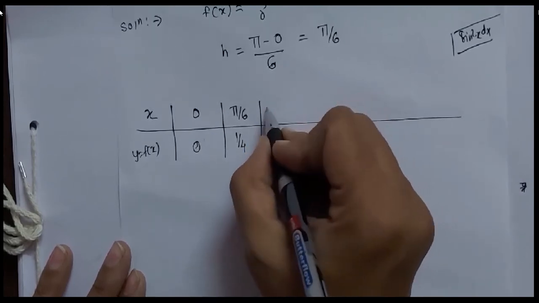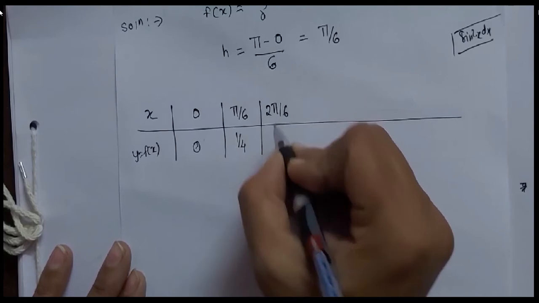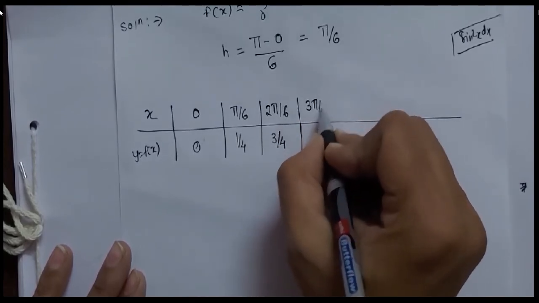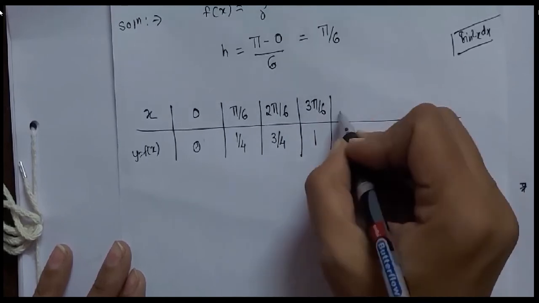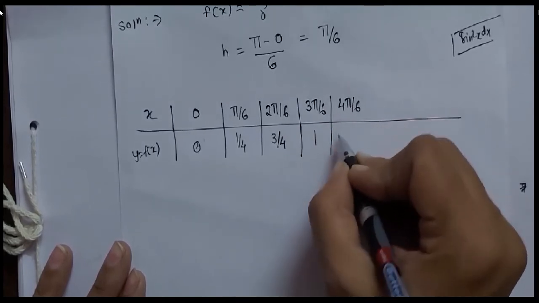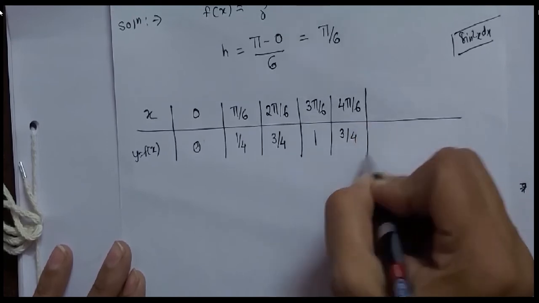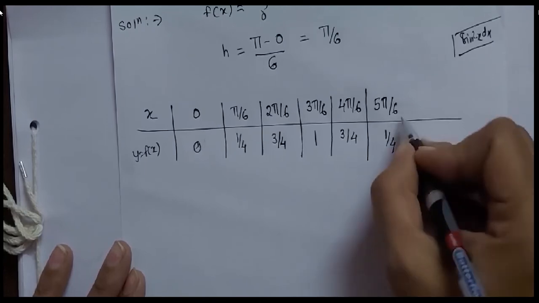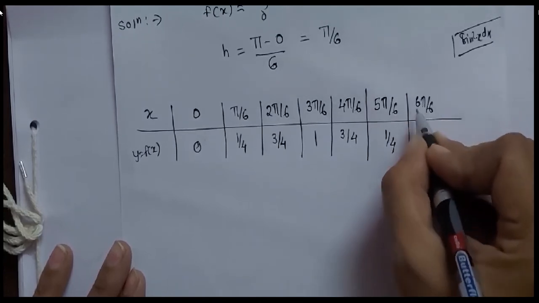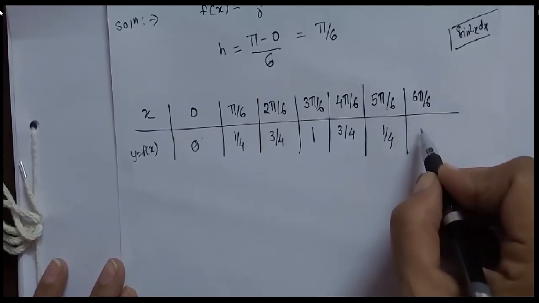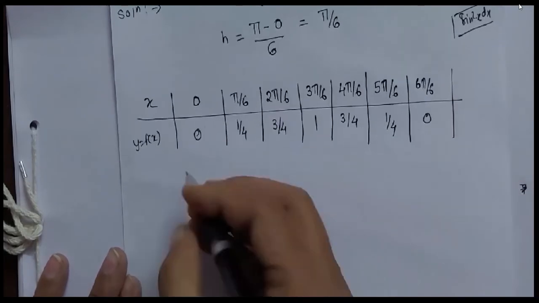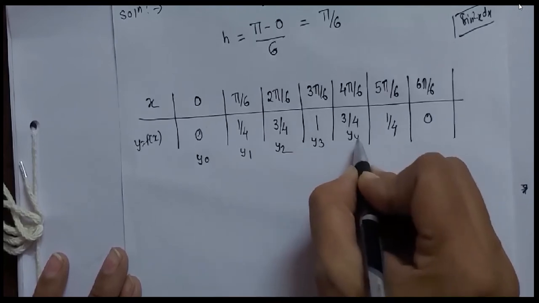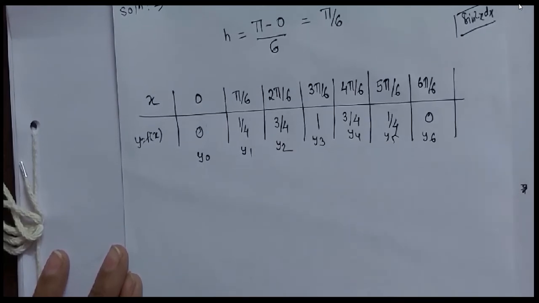When we put 2 pi by 6, we get 3 by 4. 3 pi by 6 gives 1. 4 pi by 6 is equal to 3 by 4. 5 pi by 6 gives 1 by 4, and 6 pi by 6 means pi, it is coming out to be 0. Now we will write y0, y1, y2, y3, y4, y5, y6.